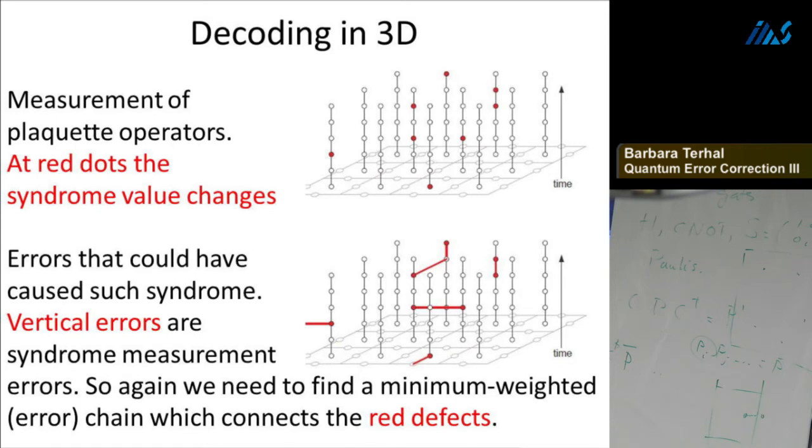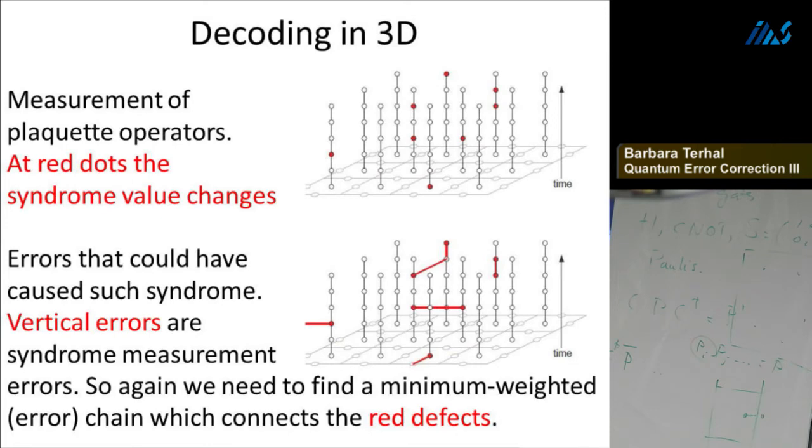And let's mark by red the places where the syndrome value changes, assuming that initially the syndrome values were all plus, were perfect. So if we see something like this, let's say here are these 2 Z checks.